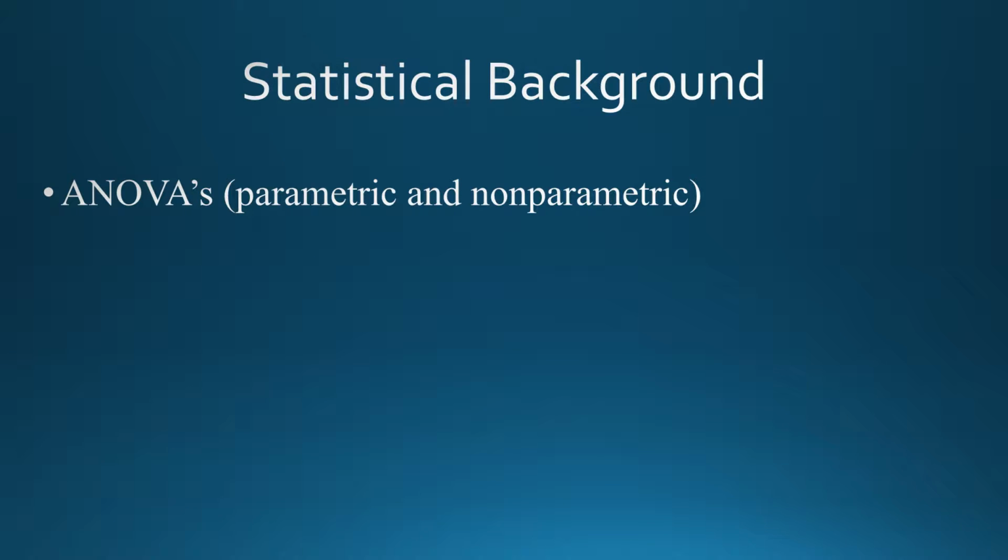A little statistical background. ANOVAs, there's parametric and non-parametric ANOVAs. Most of your complete randomized block ANOVAs are typically conducted when you're looking at 3 or more means in an experiment.